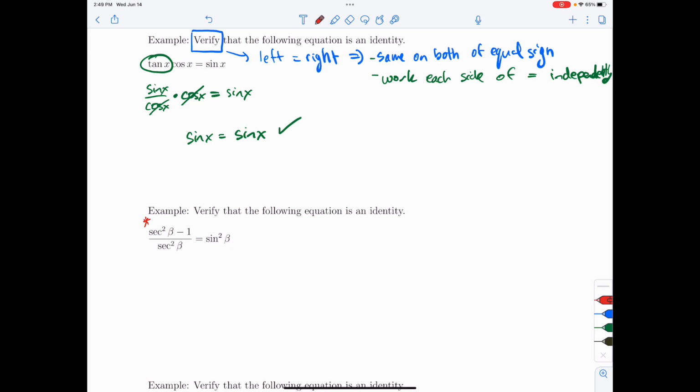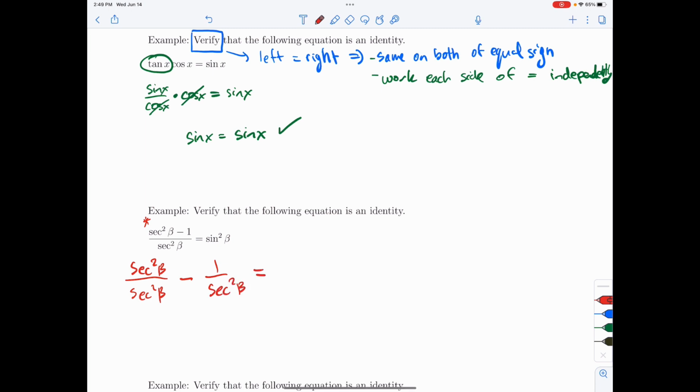On this particular one, I could turn everything to sine and cosine, but then if I change secant squared into 1 over cosine squared, I'm going to have a complex fraction, because I'll have a fraction in the numerator and a fraction in the denominator. So rather, I'm going to split this into two separate fractions: secant squared of b divided by secant squared of b, minus 1 over secant squared of b.